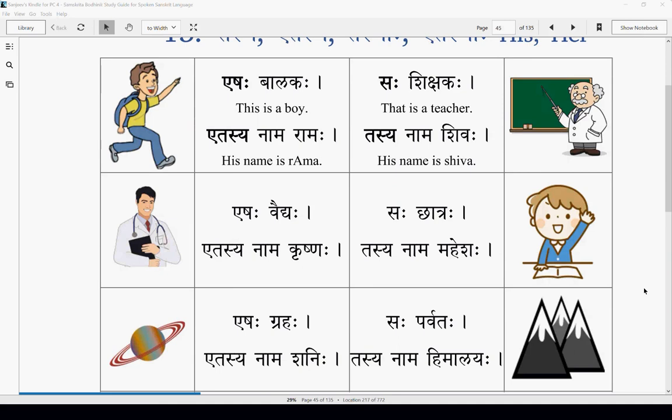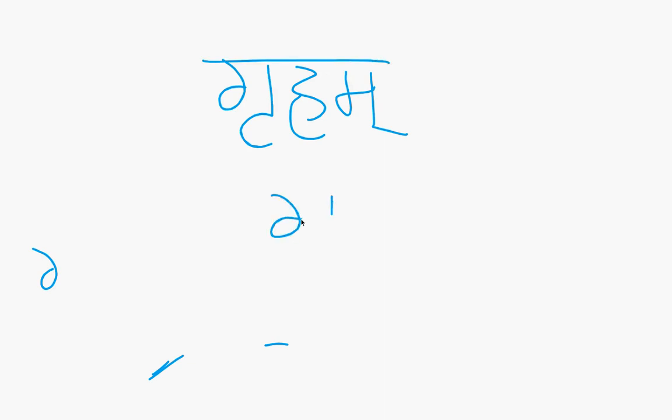Eshaha Graha. Graha means planet. Note that we have earlier seen Graham, right? And this is Graha. So there is a difference here. Don't get confused between these two.